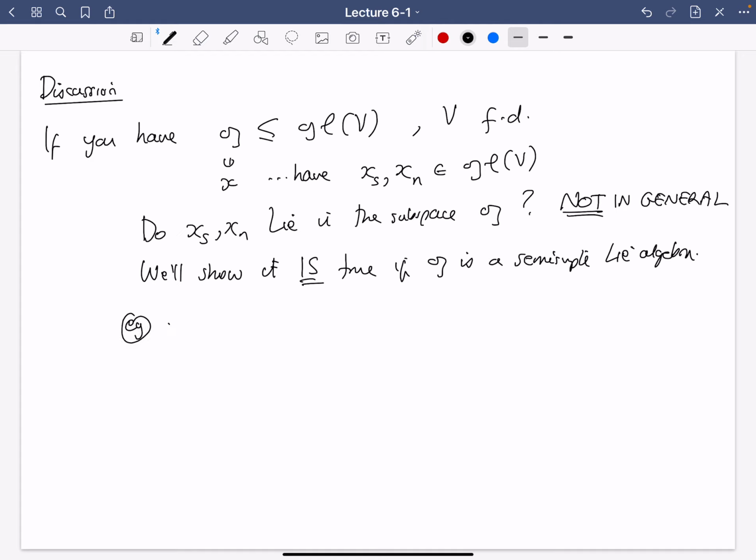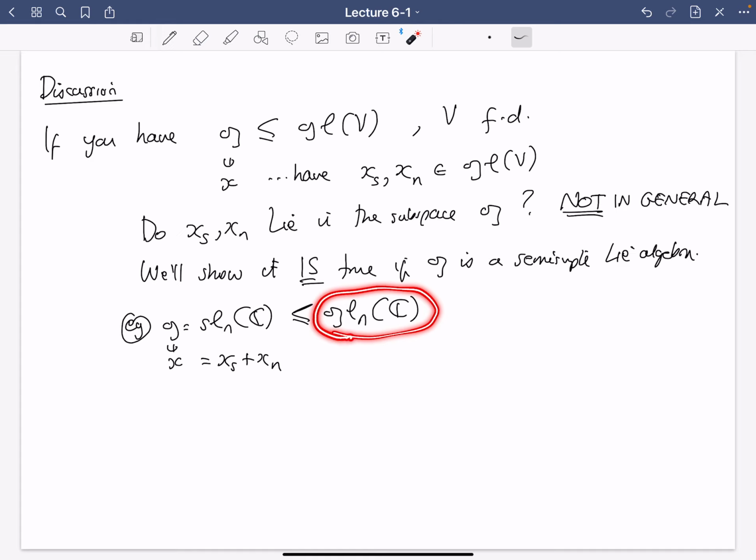If it happened that G was SLN, that's a linear Lie algebra because it lives inside GLN. And in this case, if you have x in G, you can write it as xs plus xn, its semi-simple and nilpotent parts, which will be in the whole of GLN.